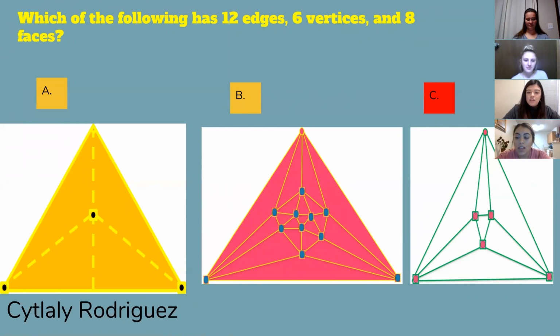This is a tetrahedron. Let's look at letter B. We can see that it has 12 vertices, 30 edges, and 20 equilateral triangles. This is an icosahedron. Let's look at C, where C has 12 edges, 6 vertices, and 8 faces. Claudia, therefore, it would be letter C. Awesome.